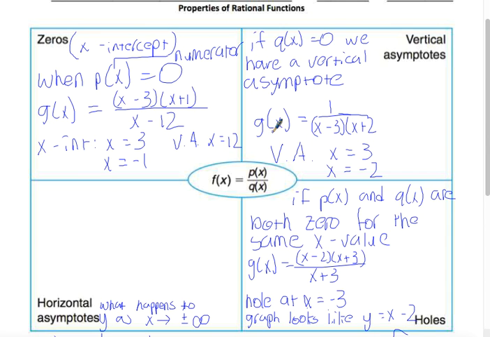So what matters here is we're looking at the degree of each of those functions. So let's remember, degree is the highest exponent.